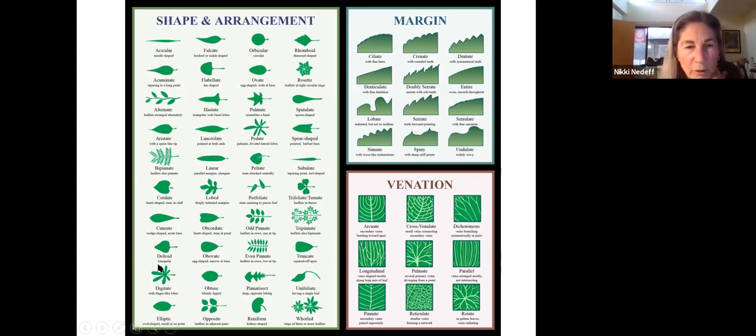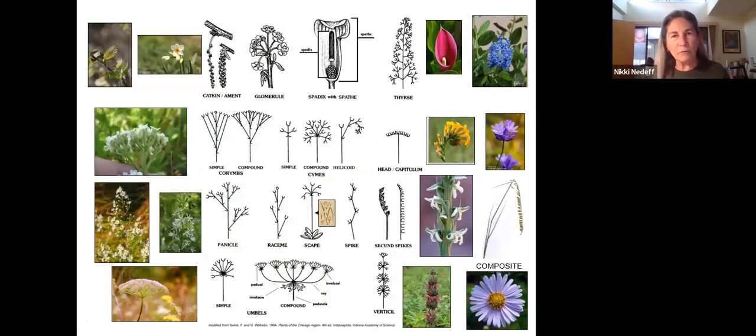I got to get close. Oh, down here on the lower left, a palmate kind of arrangement or a pinnate kind of arrangement. What do the margins look like? What do the veins look like? All these characteristics help identify individual species, as do the inflorescences, all sorts of different times.